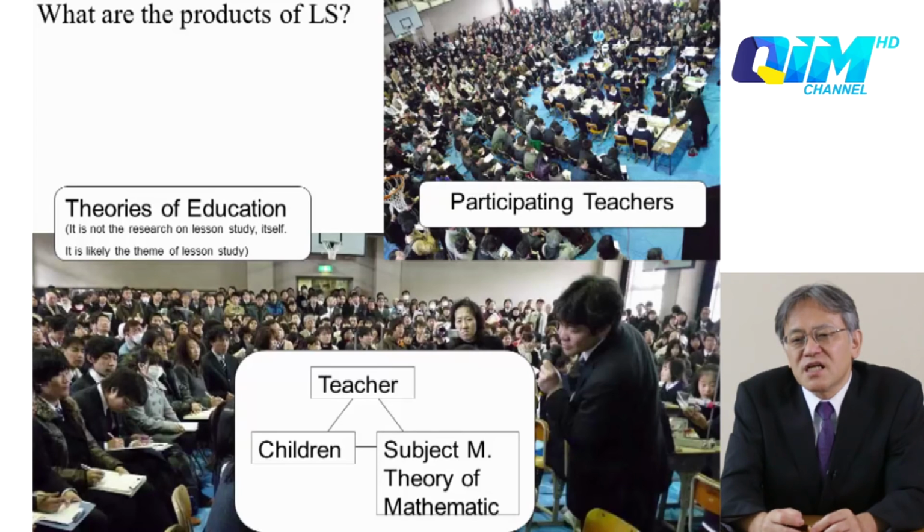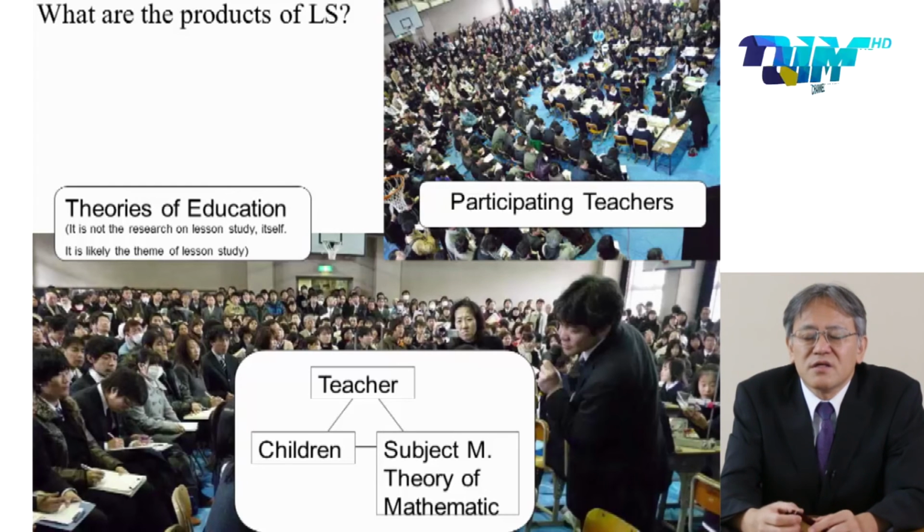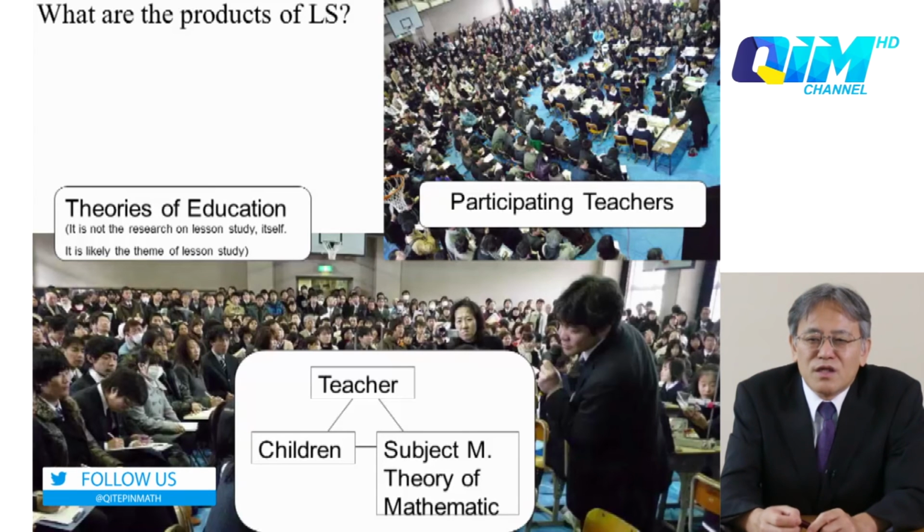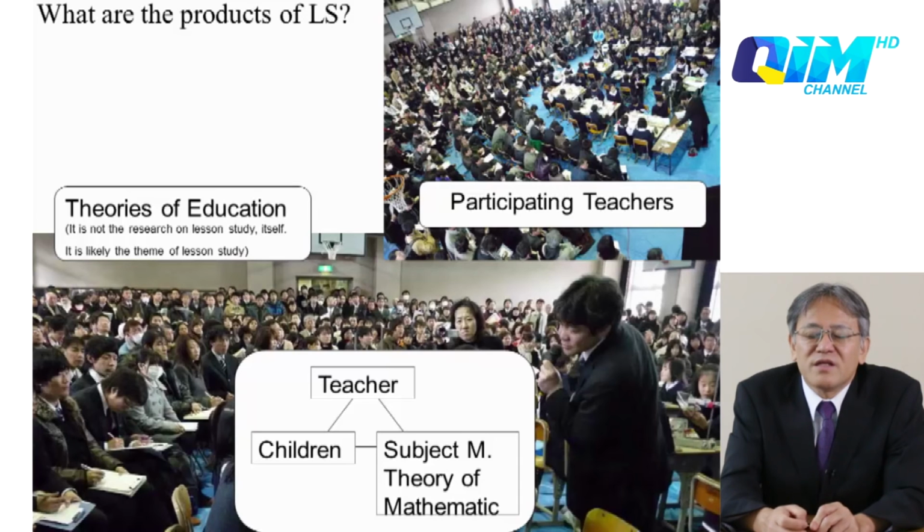At the national lesson study meeting, every subject area works together. This is science. In the case of mathematics, we engage in the lesson study activity in an auditorium. The number of participating teachers is more than 1,000.